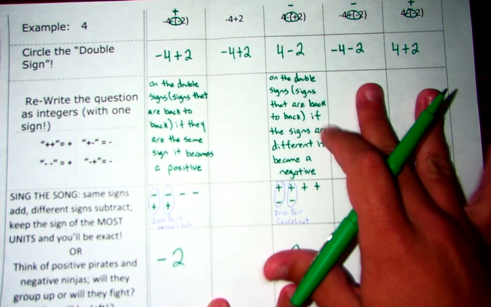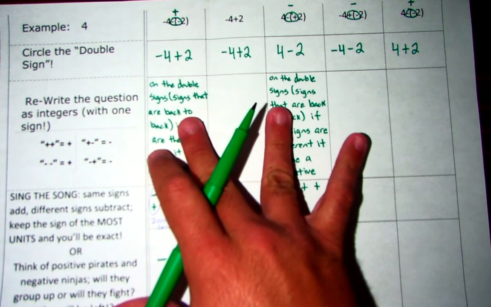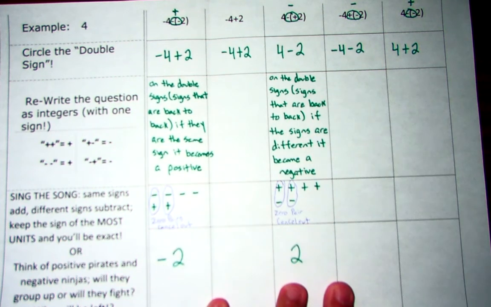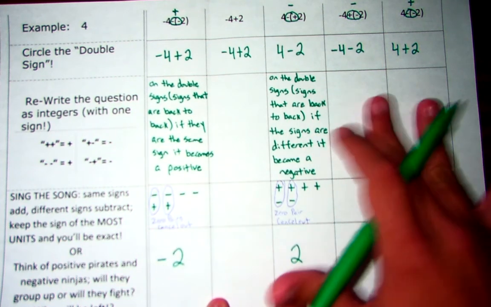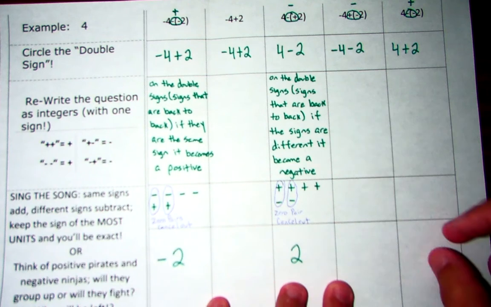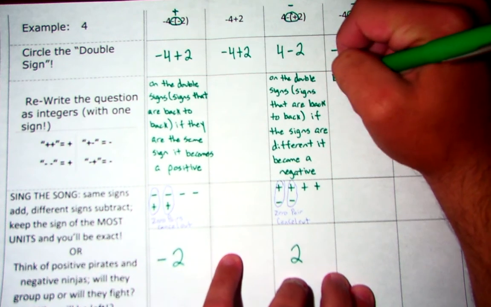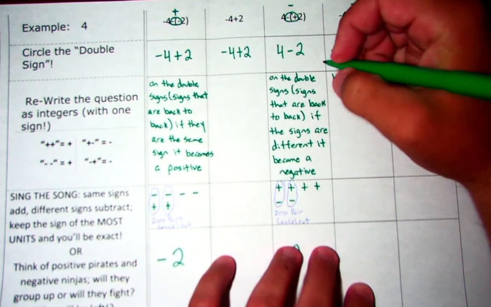Now these next 2 problems are similar to these first 2. All I'm doing is pretty much rewriting the same thing for the verbal description. So if you don't want to write the verbal description for these next 2, it's up to you. It's your choice. I'm just going to put it over here because these are notes for people to see online.